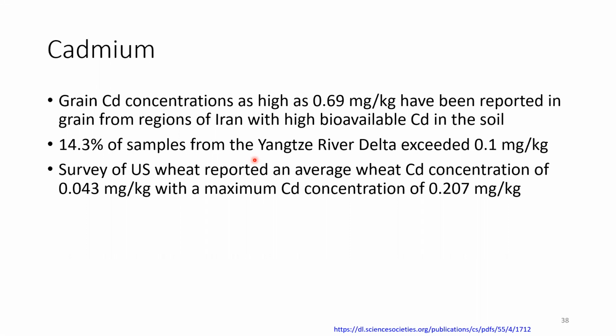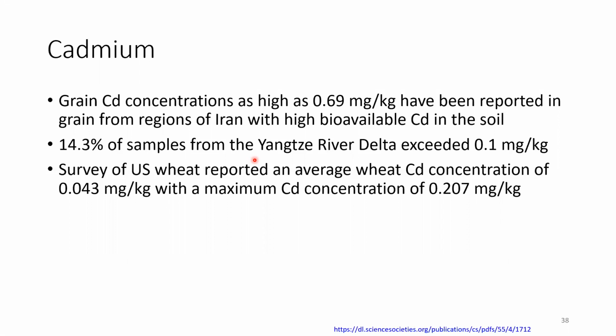Cadmium is usually not that big of a problem. Grain products are a really high source of cadmium in our diet because we eat so much of them. But they don't actually usually have a lot of cadmium in them.